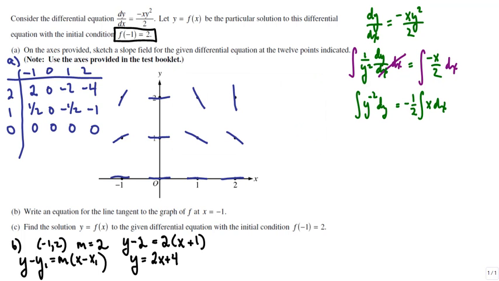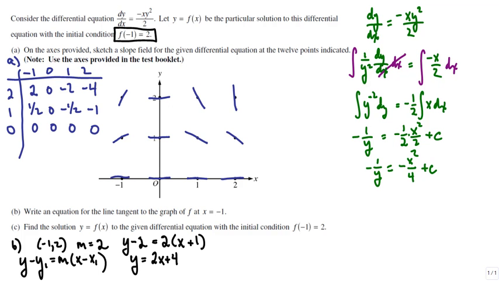I'm going to integrate both of those sides, and I get negative 1 over y is equal to negative 1/2 times x squared over 2, so that's going to give me negative 1 over y is equal to negative x squared over 4 plus c. So this might be a good time to plug in my point. x is negative 1, y is 2.